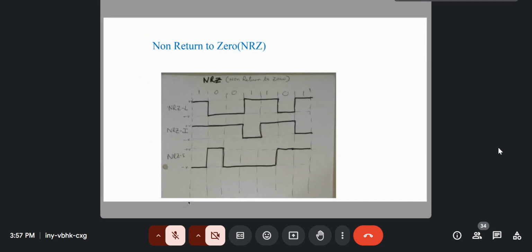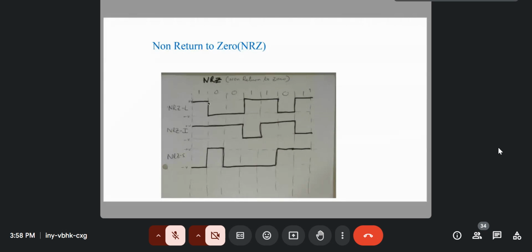Let's progress. So here you are. This is your sequence of bits, zeros and ones. We are starting at 1. Sometimes it may not be, but we are starting at 1.